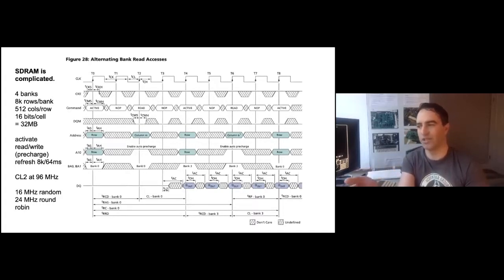And when you're done reading data, you have to do a pre-charge command to basically write the data back into the RAM, and that takes another 2 clocks. So we're talking 6 clocks to access 1 byte, which is basically the worst possible way to access SDRAM, but it turns out that it's just fine for us. 60 nanoseconds to access a byte is actually just fine when you have 250 nanosecond clock rates.